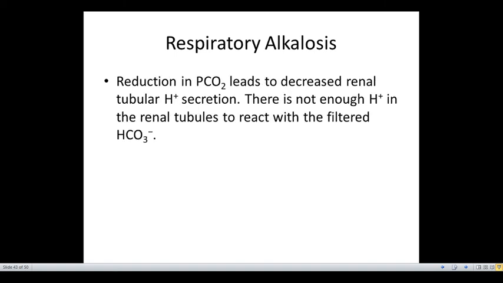Reduction in partial pressure of carbon dioxide leads to decreased renal tubular hydrogen ion secretion, as we noted earlier. Now, there are not enough hydrogen ions in the renal tubules to react with the filtered bicarbonate ions.